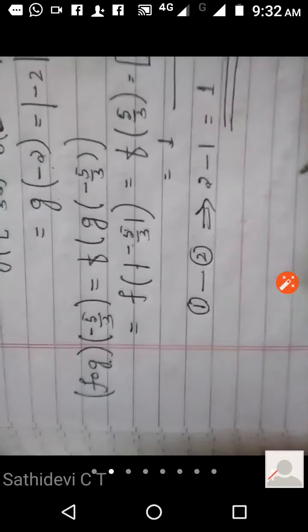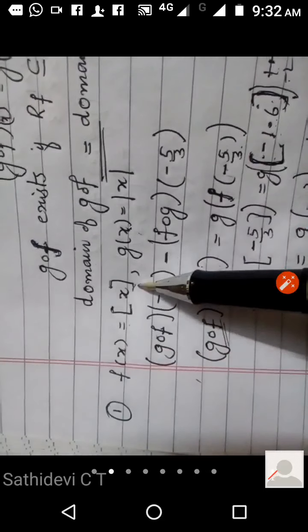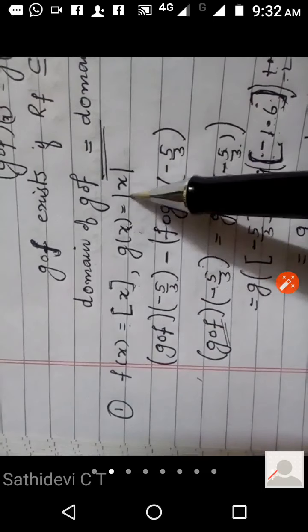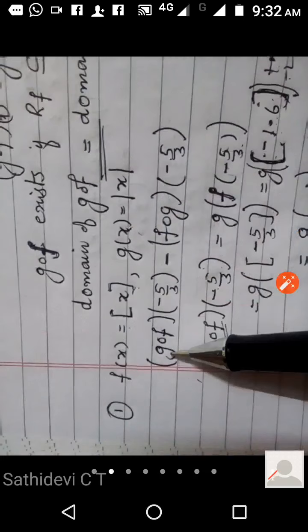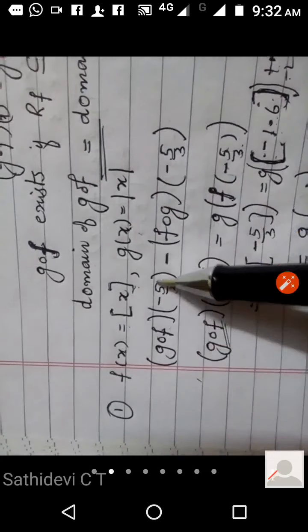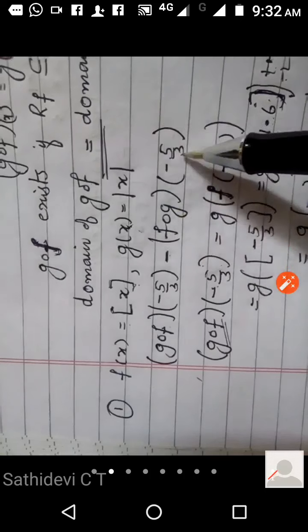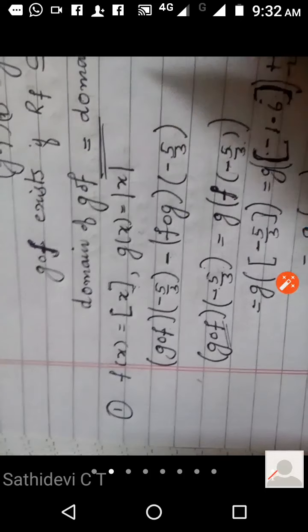So this is a 2-mark question expected. You can look at the question once more. F of x is given, greatest integer function. G of x is given, modulus of x. You are asked to find G composite F of minus 5 by 3 minus F composite G of minus 5 by 3.